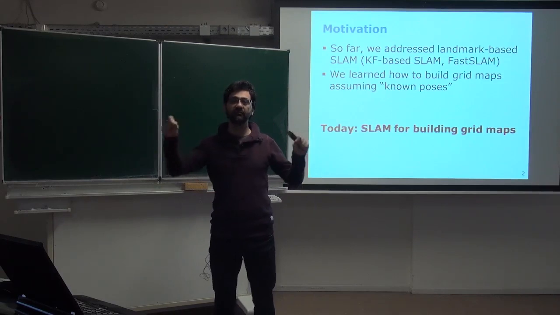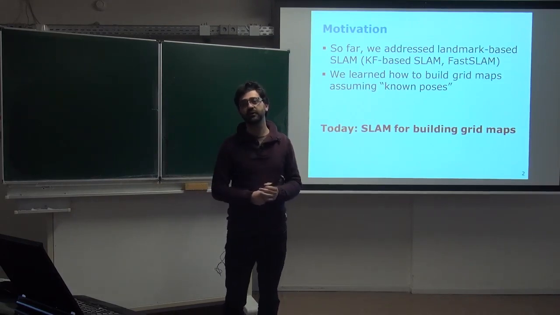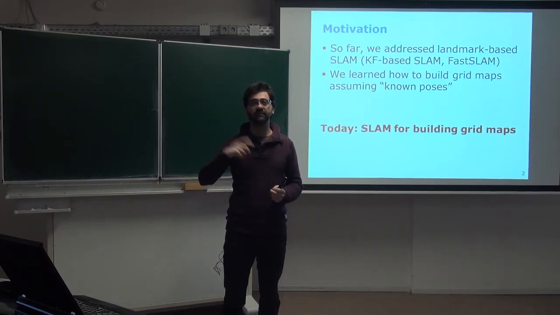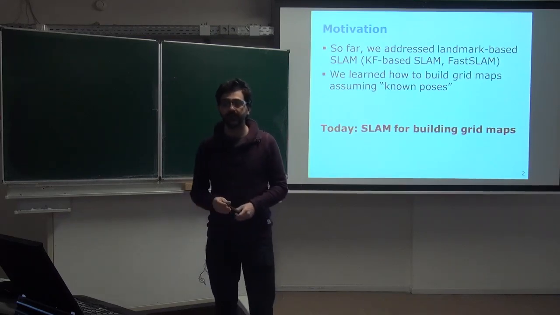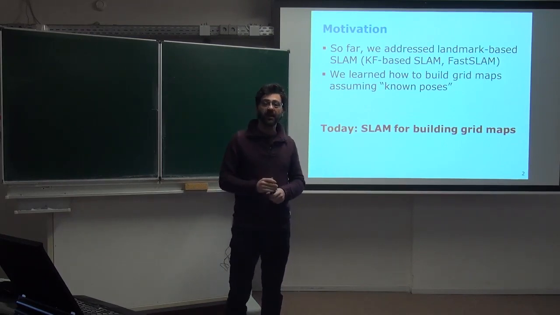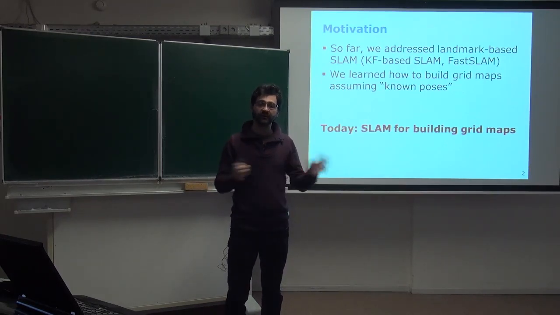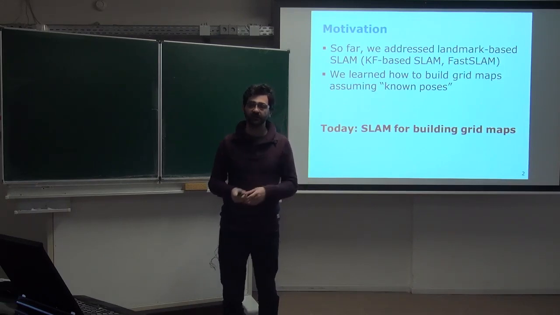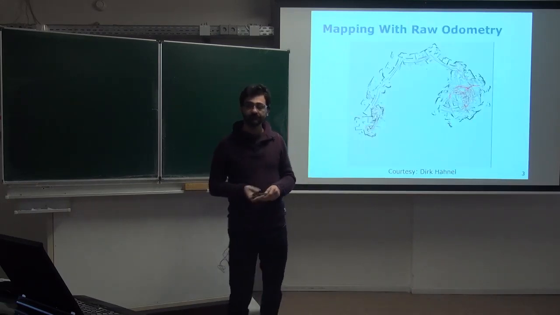Since you just have a few samples of the obstacles, you are never sure whether, wherever there is no landmark, it's actually free to navigate or not. Since we know how to build grid maps, let's see how we can integrate these two problems, localization and mapping, when we have this kind of representation.